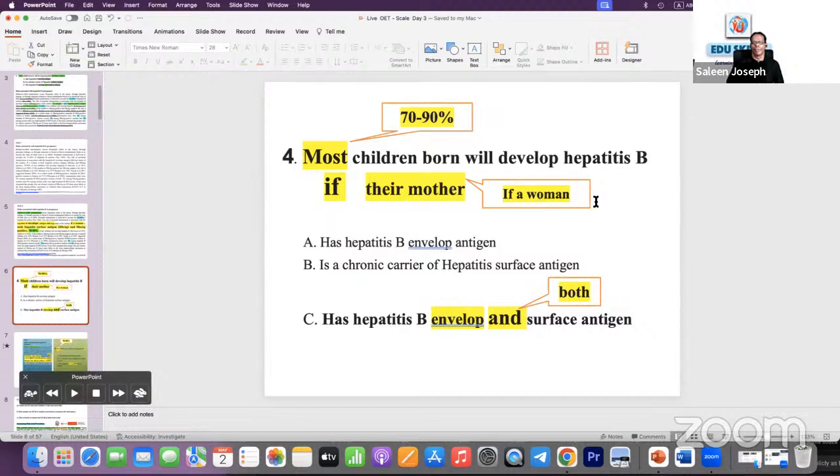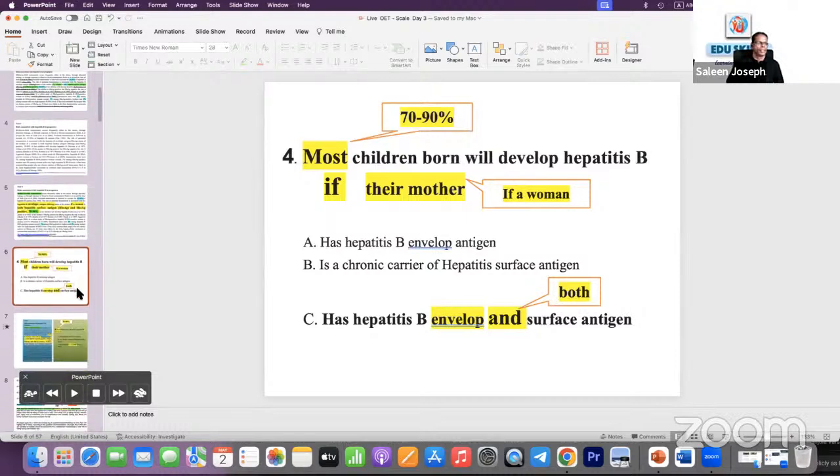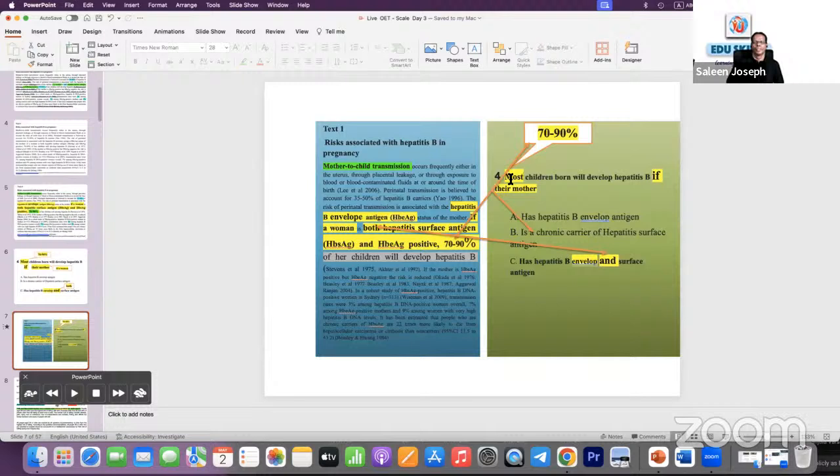If they are mother, if a woman, and hepatitis B envelope and surface antigen positive, 70 to 90% of children will develop hepatitis B. Most children born will develop hepatitis B if their mother has hepatitis B envelope and surface antigen. Is that clear?